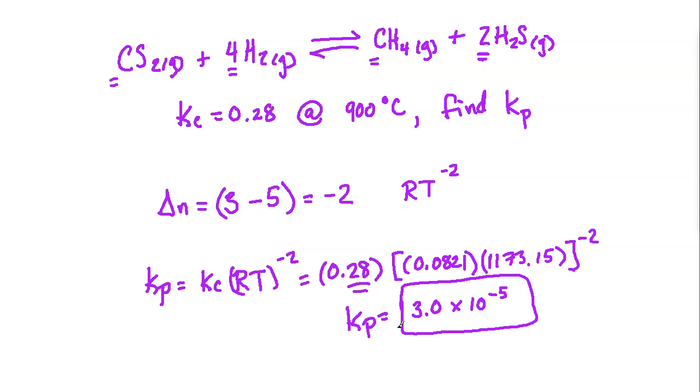And that's how you can relate Kc and Kp to one another. You would simply need to be able to find the delta n, and then you would use that with the coupling of RT and your Kc. So that ties up all of the math that we're going to show in this lesson, because we are starting to close in on half an hour here. So we will certainly practice more in class together. So let's finish up.